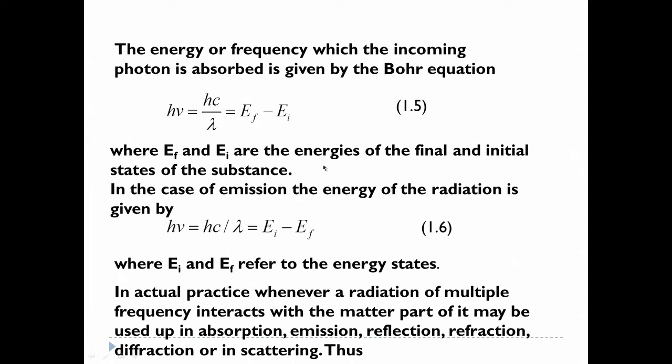That means we assume that the electrons occupy particular energy levels. One energy is E_I, higher energy is E_F, and the energy difference between E_F and E_I is given by h nu, that is h c by lambda.